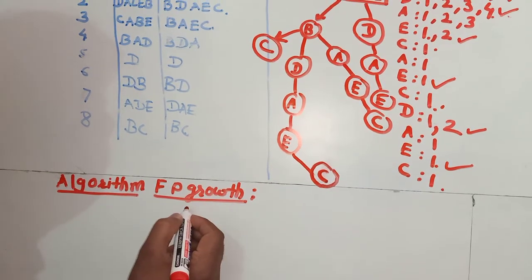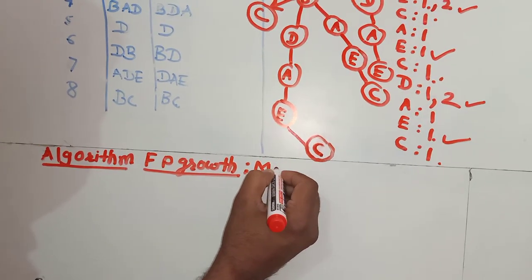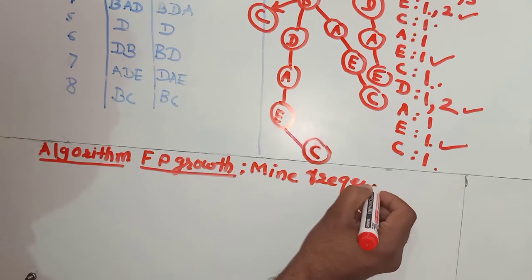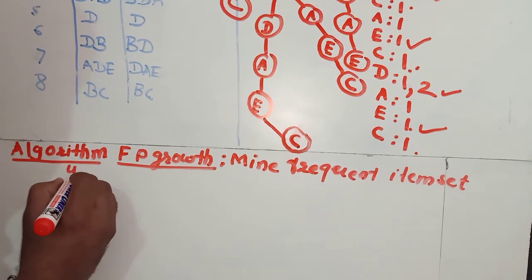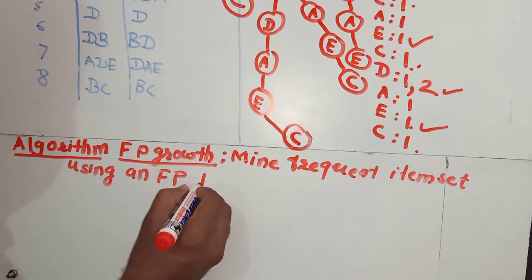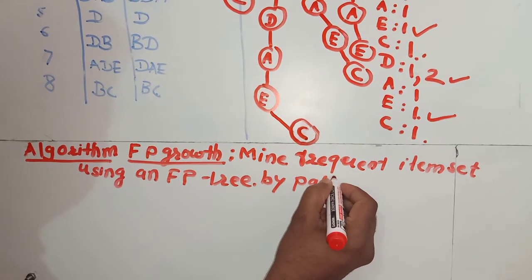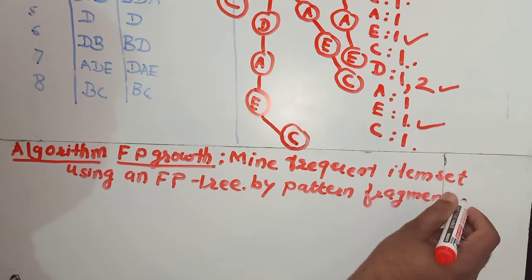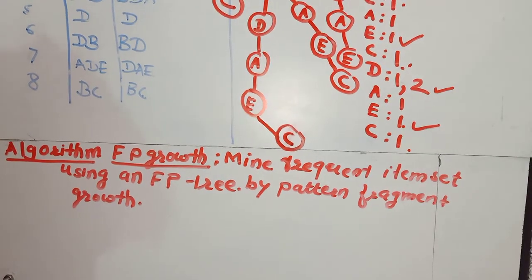So statements are: the FP growth algorithm is, mine the frequent item set using an FP tree by pattern fragment growth, right?